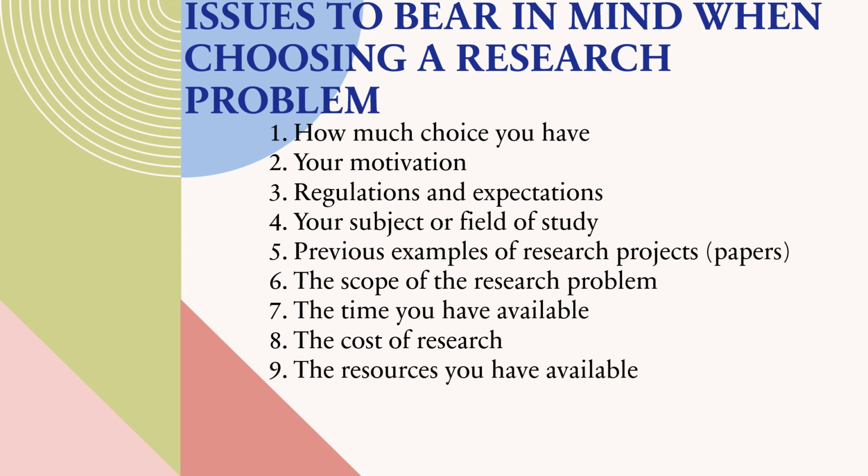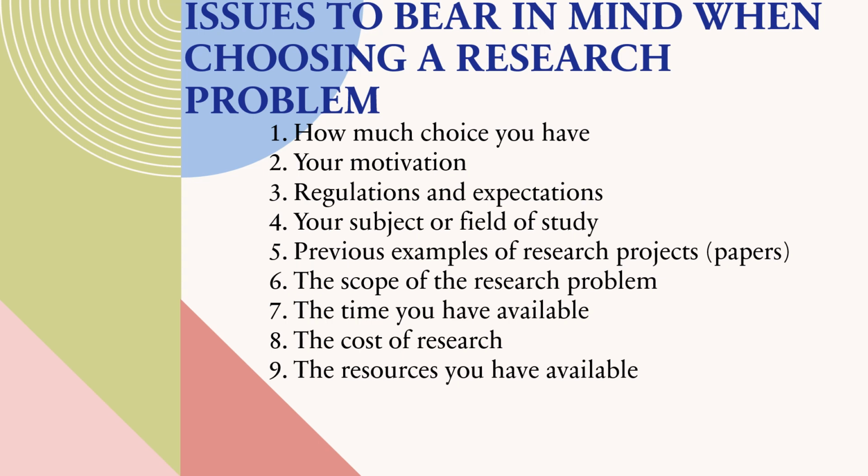Number 9, this also considers the resources that you have available in terms of the human resource, the team and the expertise that you are going to engage in undertaking that particular research. So you need to consider the human resource alongside point number 8, where you're looking at the financial resource.